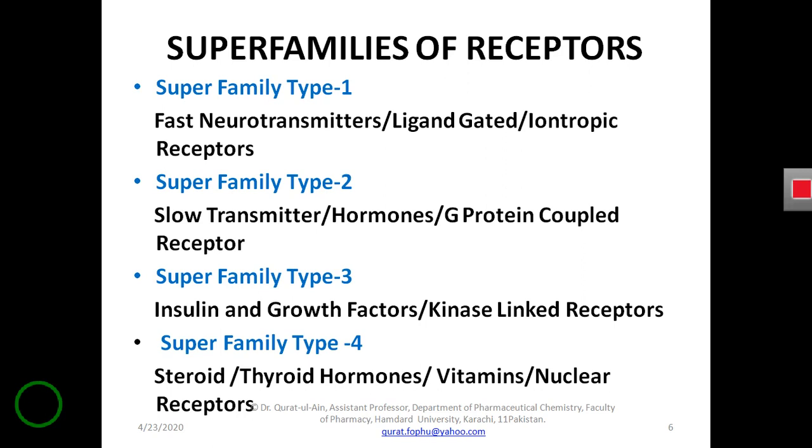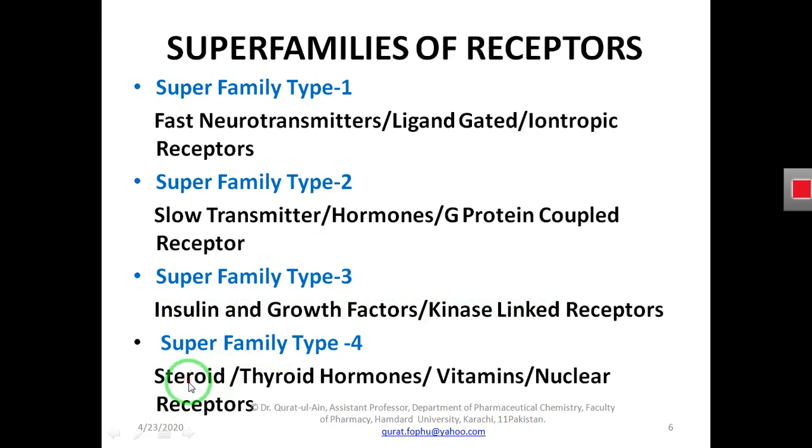What these transporters do is take up glucose from outside the cell to the inside, and then inside the cell this glucose is utilized to create energy. So I have explained why we call them growth factor receptors, why we call them insulin receptors, and why we call them kinase-linked receptors.